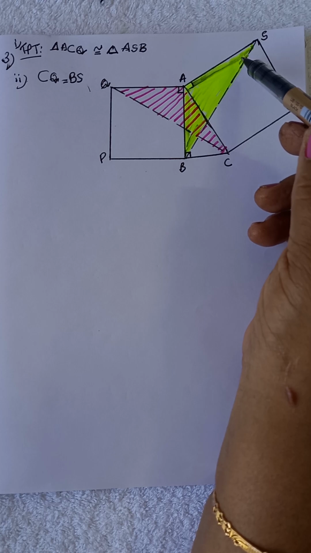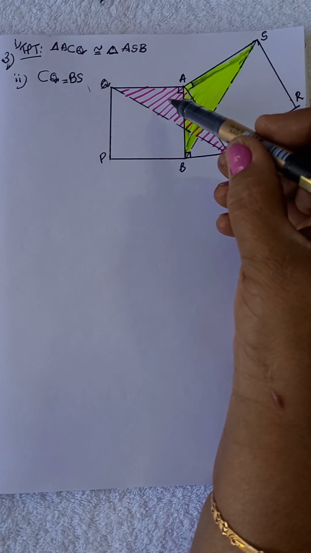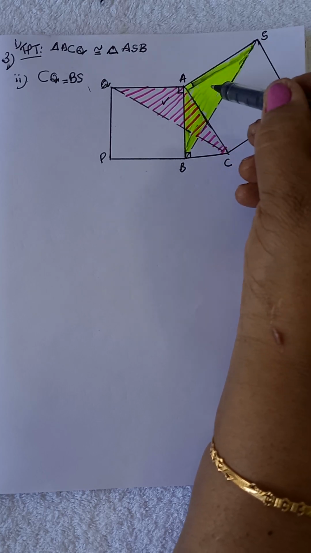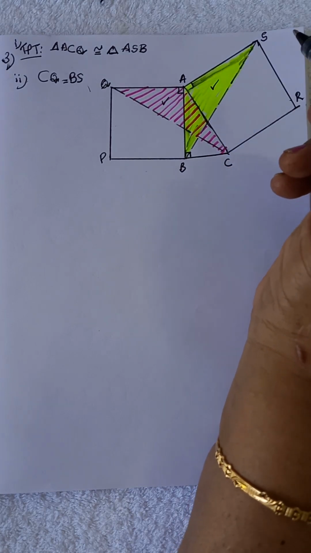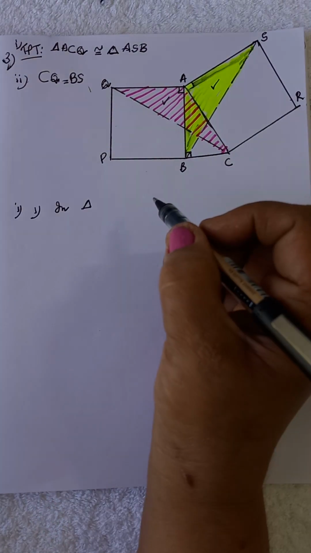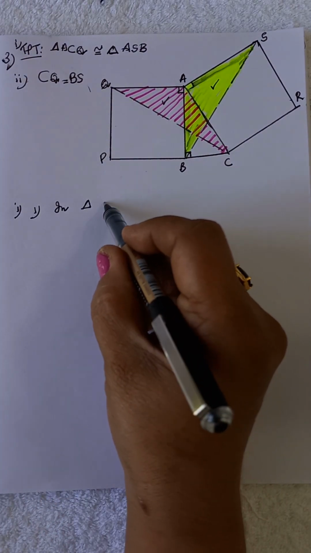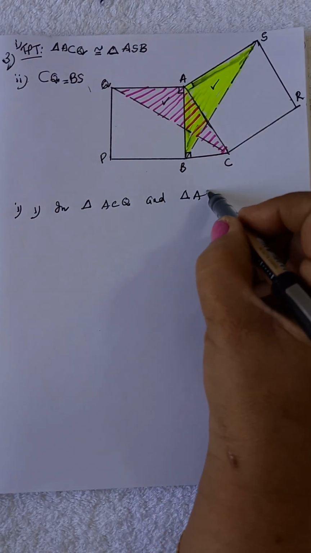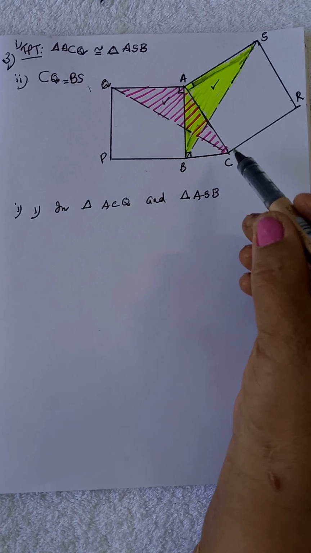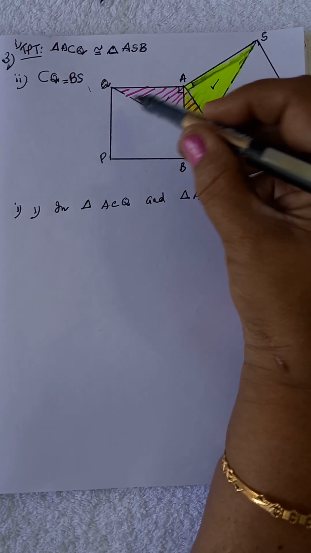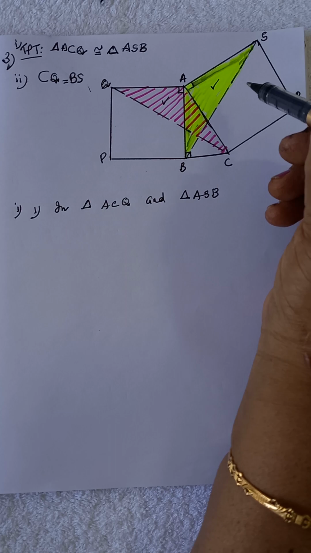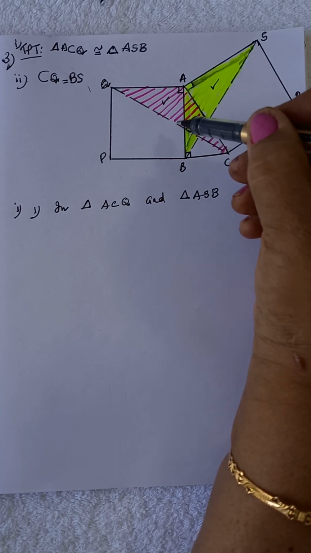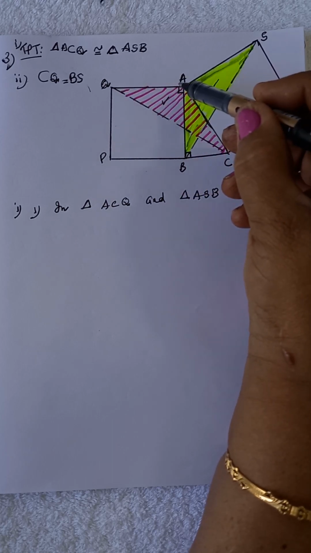So first of all, here in this case, we can take the two triangles ACQ and ASB. So we can write that in triangle ACQ and triangle ASB. Here we can see that QA is equal to AB. Here the side of the square is QA.